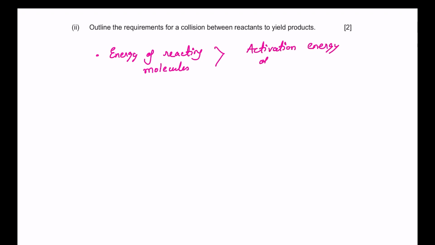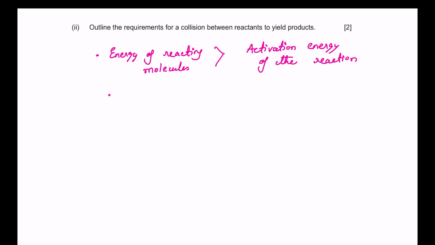Outline the requirements for a collision between reactants to yield products. There are basically two requirements. The first requirement is that the energy of the reacting molecules should be greater than the activation energy of the reaction. This is the first condition.